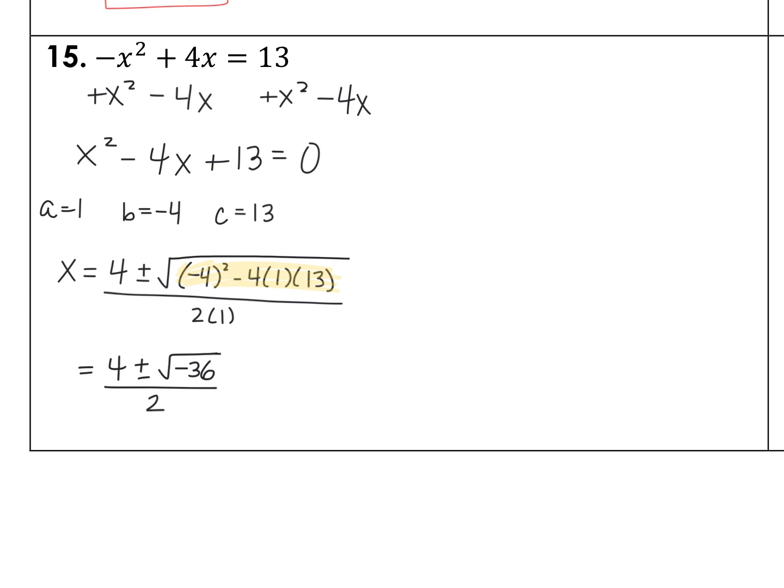What happens when you have a negative root? I. Yeah. Not going to go away, folks. So you get 4 plus or minus, okay, what's the square root of 36? 6, so it's 6i, over 2.